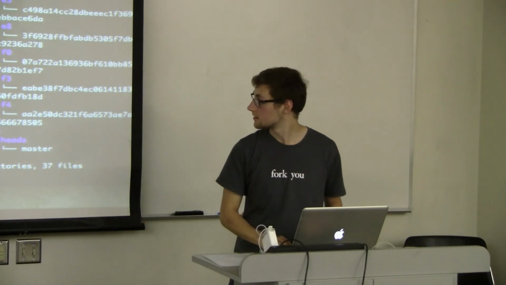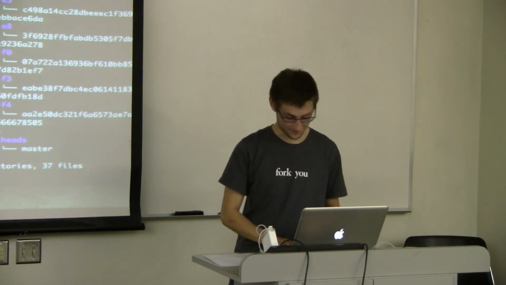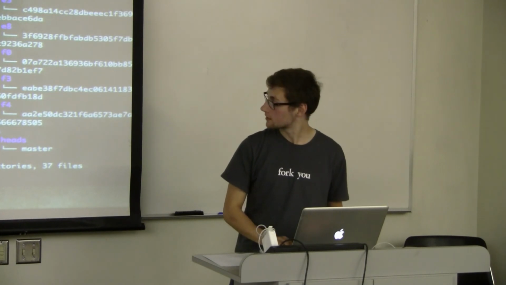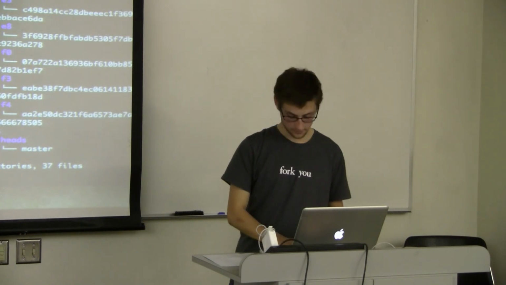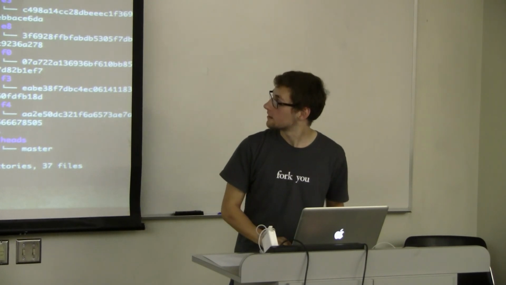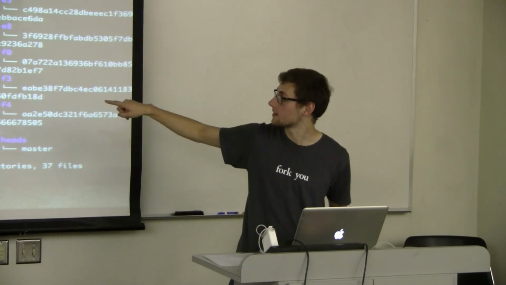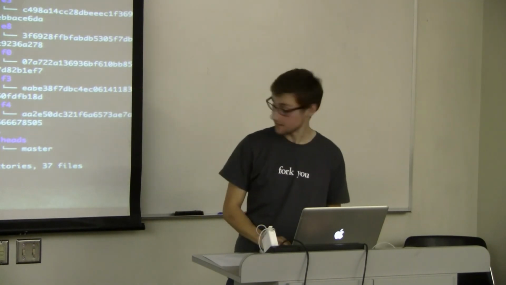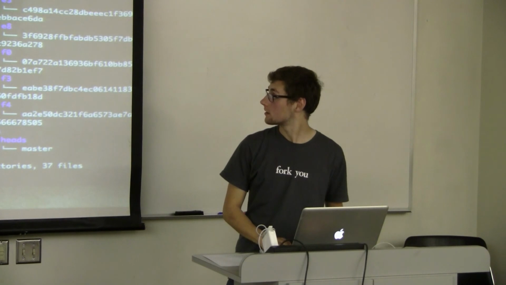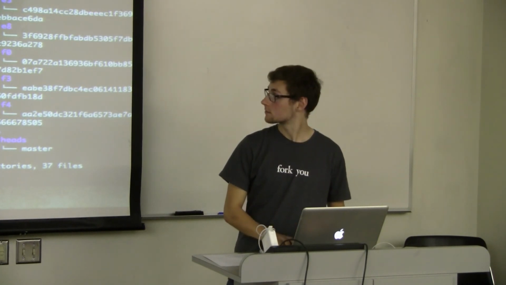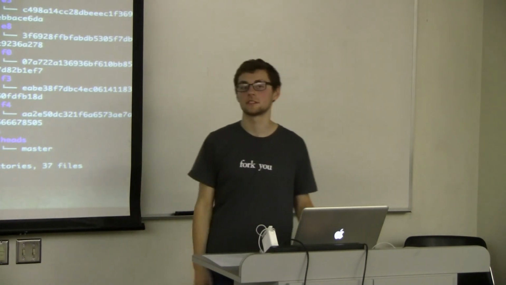Okay, there we go. Now I think I have to go one more back. I need to go back before the checkout, because I need to go back to that last commit that I made. So I actually need to go back to 9. I go back to 9. You can see that all of my history is still there.